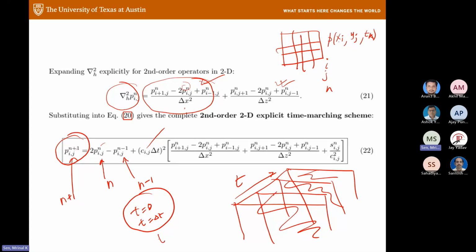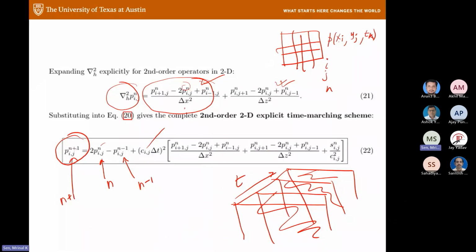And this is telling you that I can now compute at t equal to 2 delta t, right? So once we have that, then this basically becomes your current time snapshot. And I already have this t equals delta t, that becomes my past time snapshot. So now I can compute the future time step.